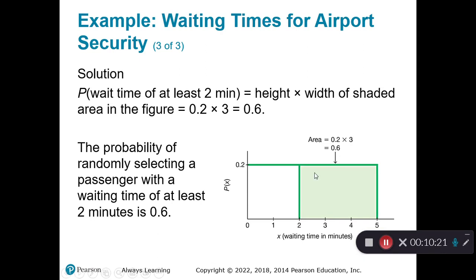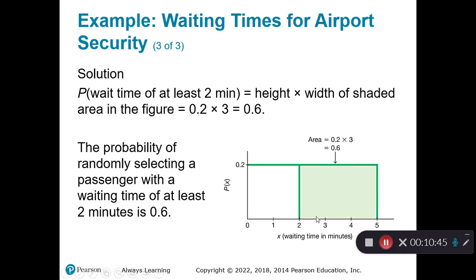So we're looking at the probability that a randomly selected passenger had to wait 2 minutes or longer, and any of those times in between would be considered. So if we find the area of this smaller rectangle, we should be able to make that connection that the area is equal to the probability. Now let's look at how to find the area.